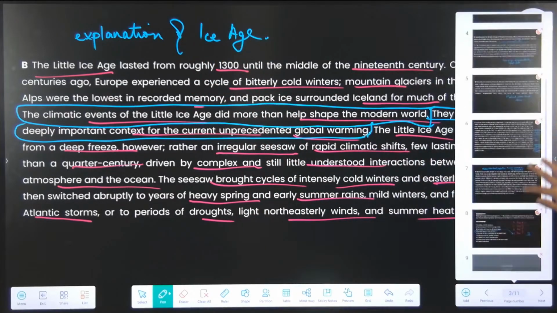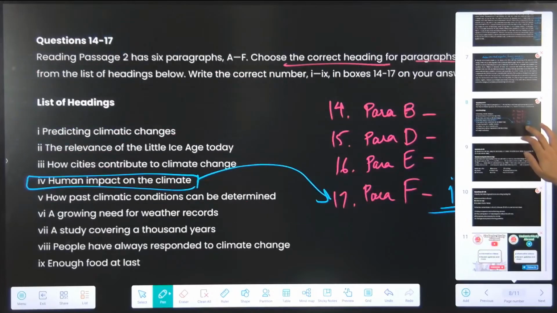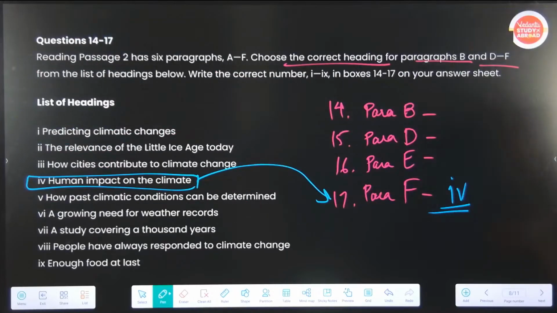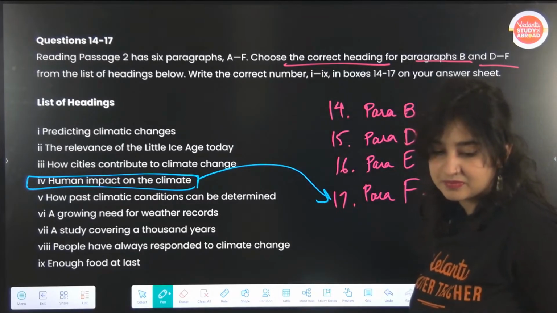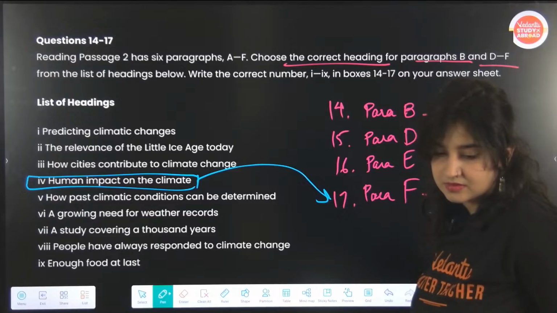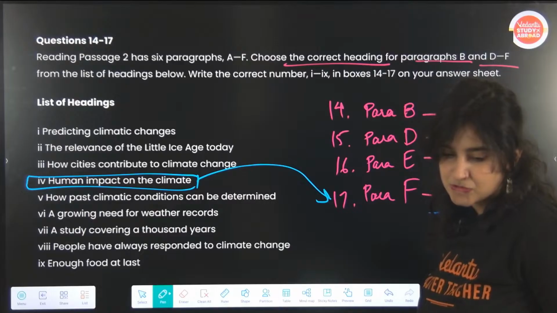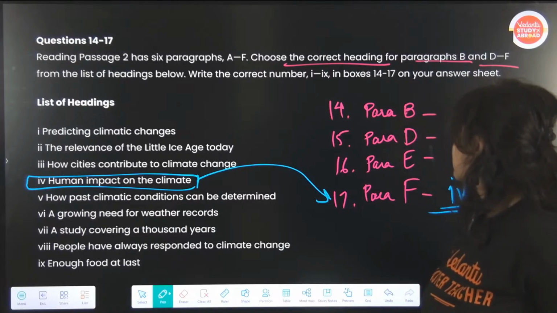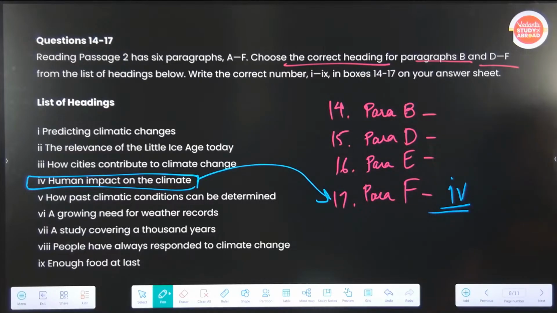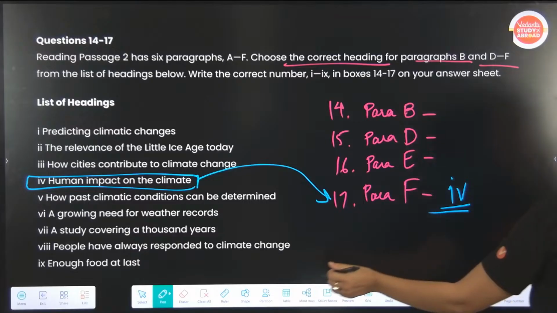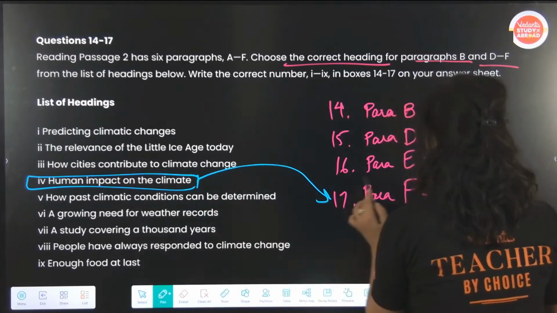So keeping that in mind, if you come back to this question, do you still think, Tanmay, your answer is the best choice? Okay, you think para E is 1.